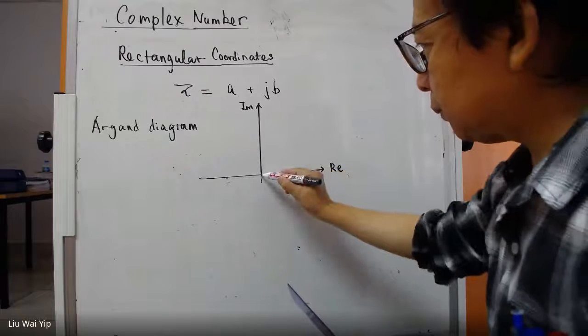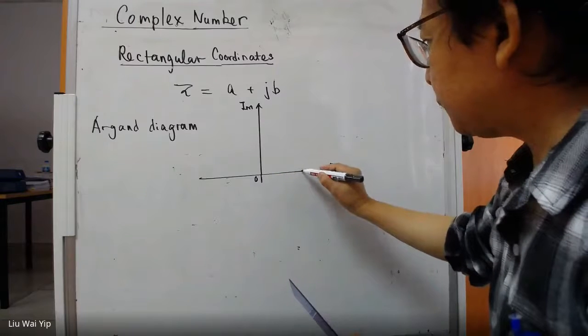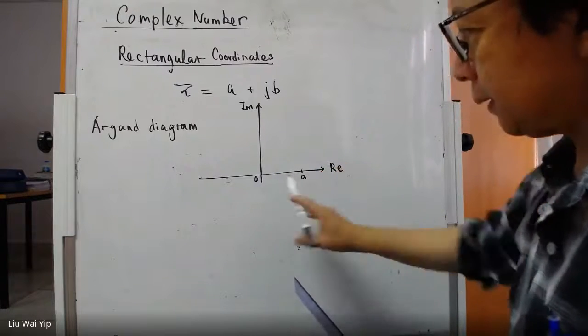So in this example, we have A as the real part of the complex number. Then we measure from the origin to A horizontally. That much distance, right?